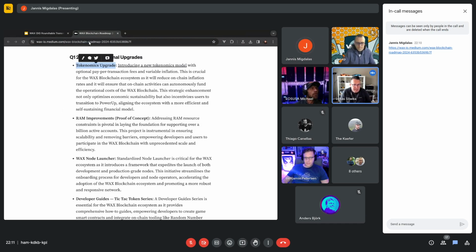The second bucket is really going after RAM improvements. As you guys know, being a block producer, it is very difficult to operate a producer on Wax or any sort of APIs, because we've got a lot of data.